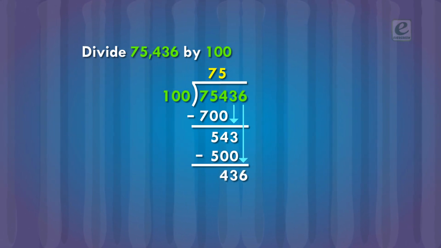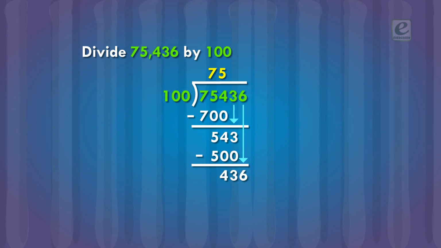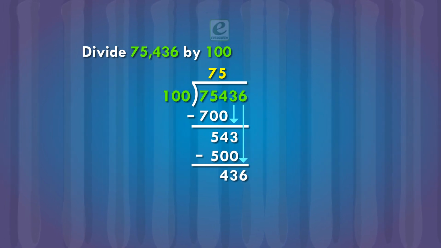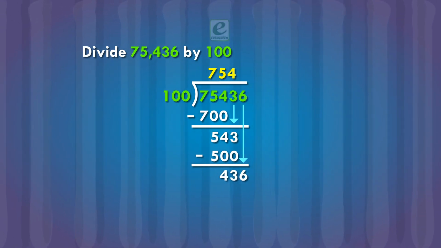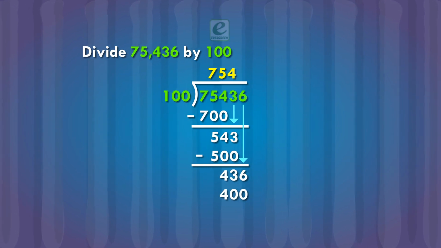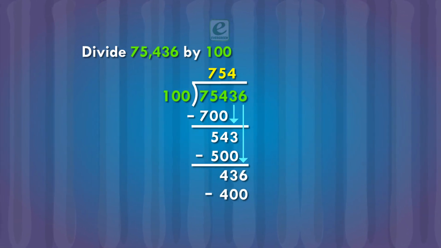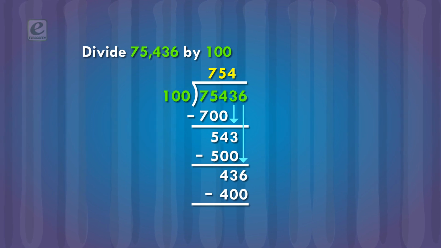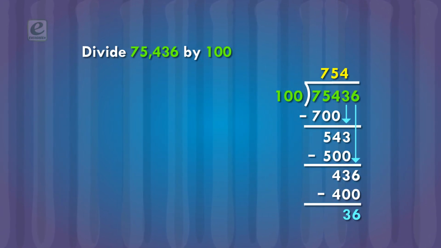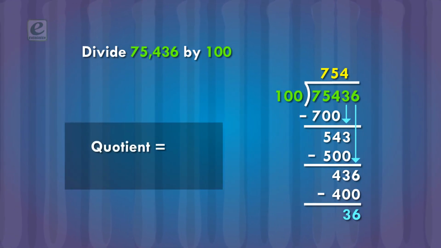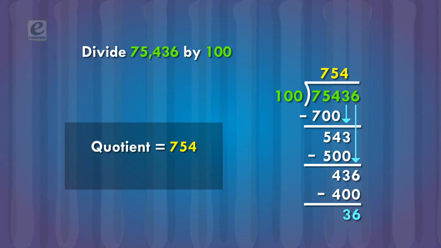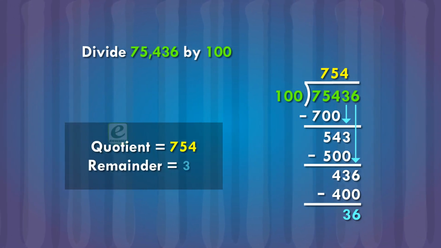Bring down 6 and group it with 43. Then 100 fours are 400. 436 minus 400 is equal to 36. Here quotient is 74 and remainder is 36.